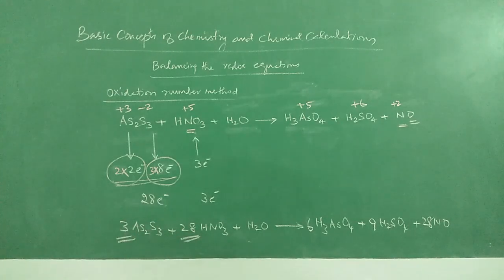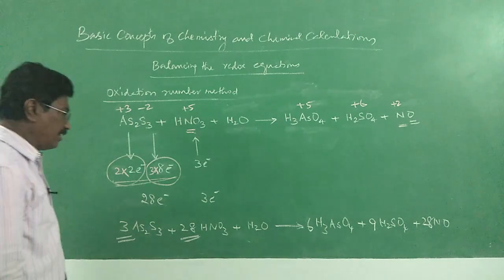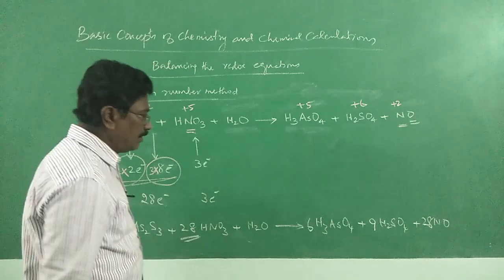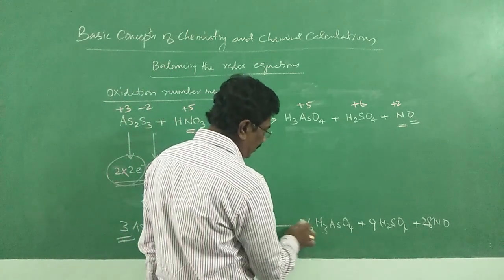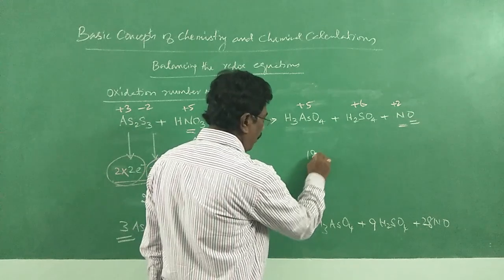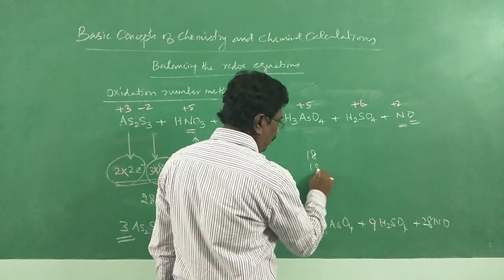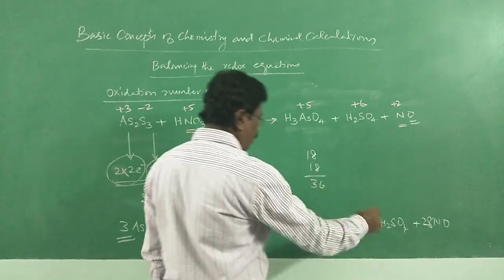How to balance hydrogen? Let us count the number of hydrogen atoms in the product side and reactant side. In the reactant side, already we have 28. In the product side, 6 into 3, 18, 2 into 9, 18. 36 hydrogen atoms we have.